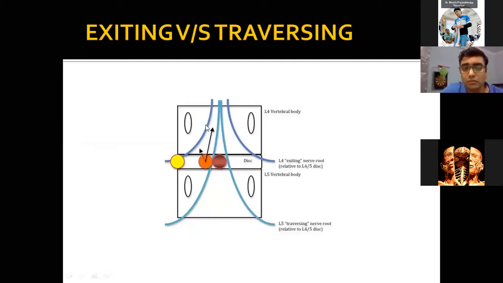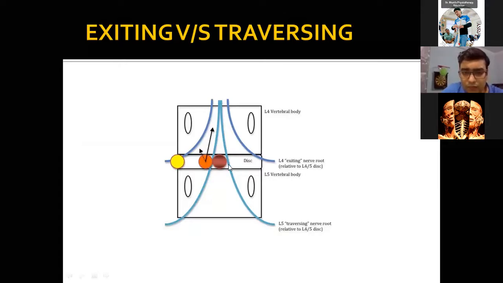So of course we have studied about exiting and traversing nerve roots. So I'd like to refurbish this, that if supposing this is the disc, okay, L4-5 disc. If you can now appreciate that the L4 nerve, which comes below the L4 vertebra, has already exited from here.